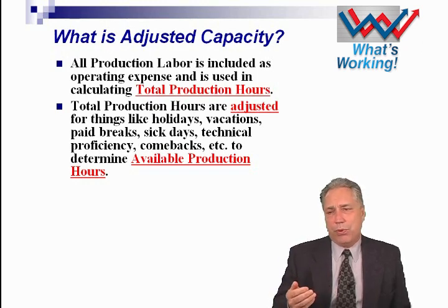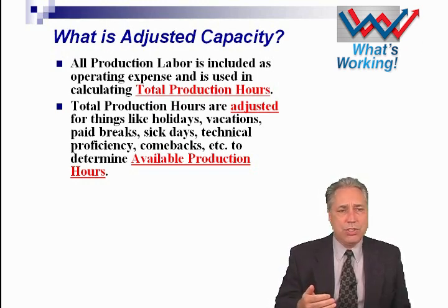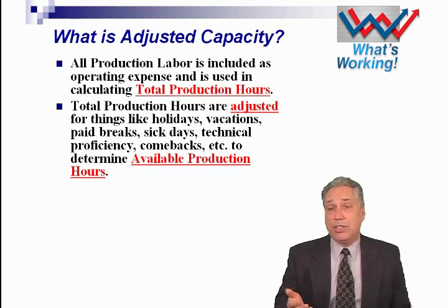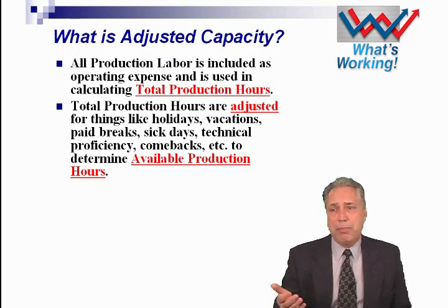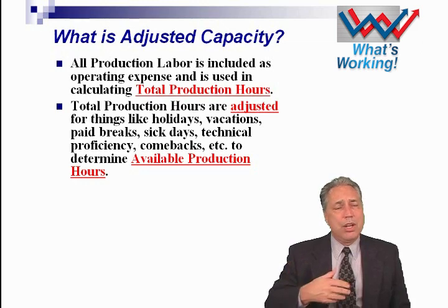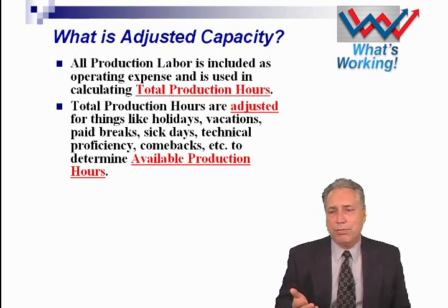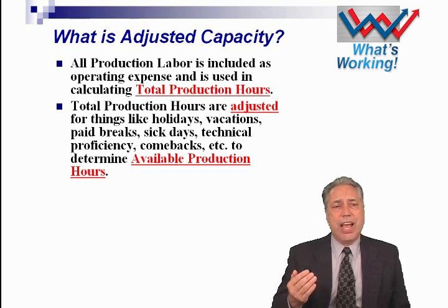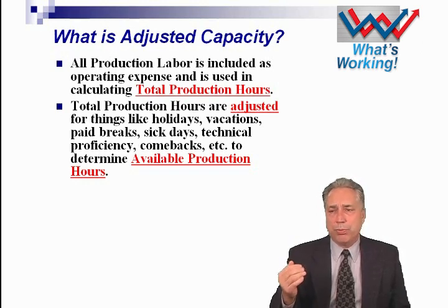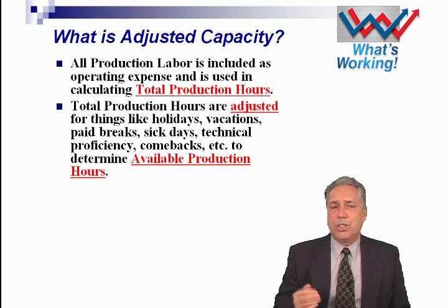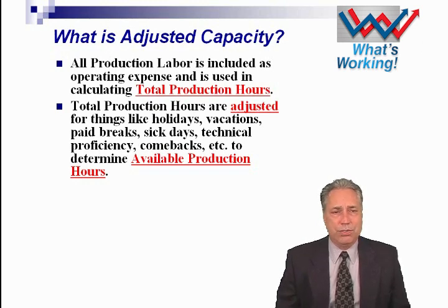We need to adjust for things like holidays and vacations, paid breaks, sick days, technical proficiency, comebacks, things like this, the test drives that a technician may go on that he doesn't charge for. All of these things affect how many hours they're available to produce work, or determine their available production hours.